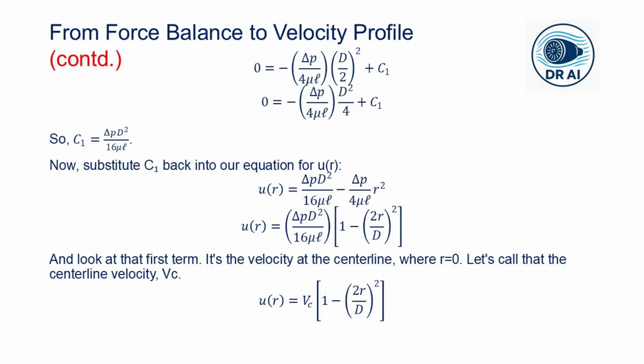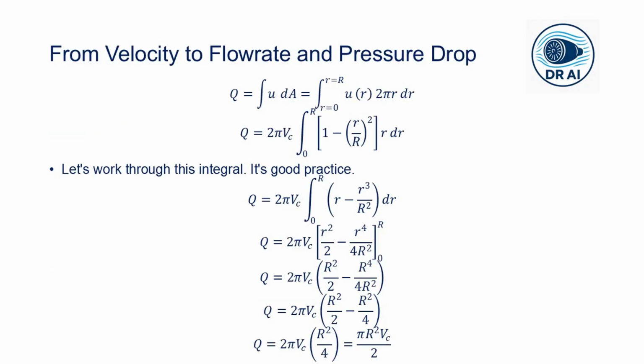Now, this profile is very great, but engineers care about practical things. How much fluid is moving and what pressure drop does it require? To find out, we integrate this velocity profile over the entire pipe cross section. So think of the pipe as a bunch of tiny rings.